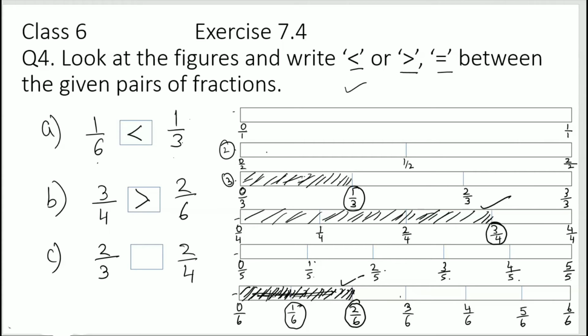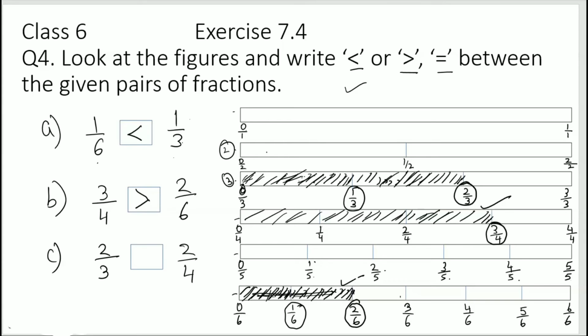Next is 2 by 3 and 2 by 4. So 2/3, that means 2/3 is here. So I need to shade from 0 by 3 to 2 by 3. So let's do that. This is already used up for the first one. So I need to shade till here.